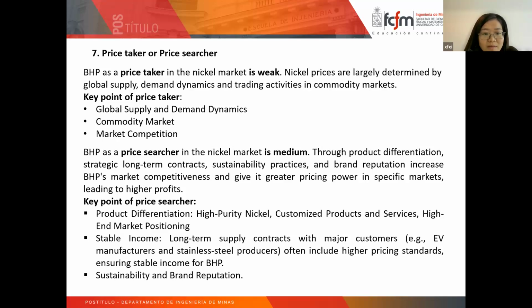The last one is market competition. The nickel market is highly competitive with so many large producers. No single company's production change can significantly influence the global price, limiting BHP's ability to set prices.